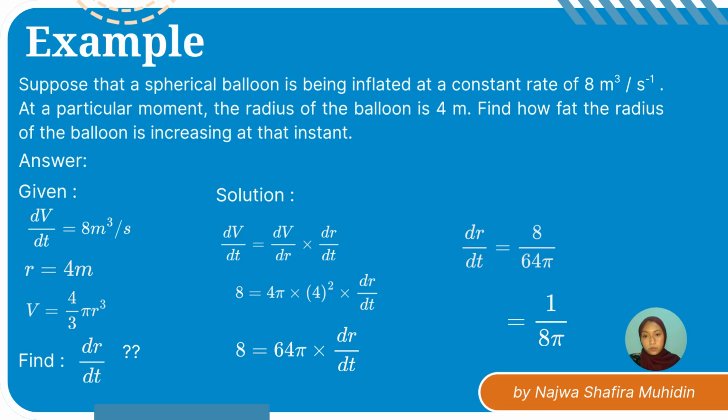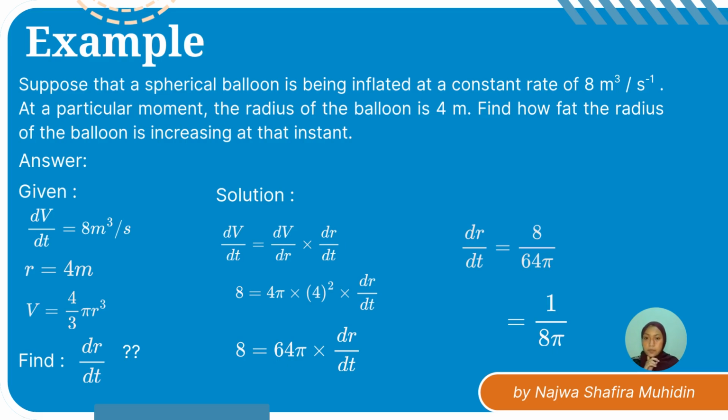At the moment, the radius is 4 meters. We are asked to find how fast the radius is increasing, which is dr/dt. We also know the formula for the volume of a sphere: V equals 4/3 pi r^3.